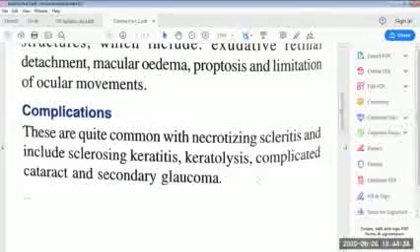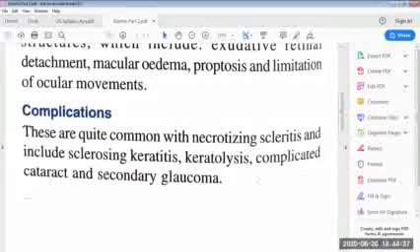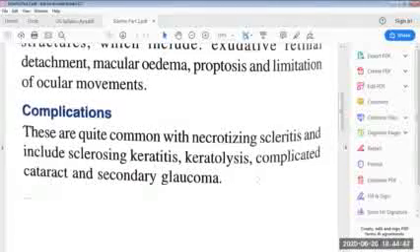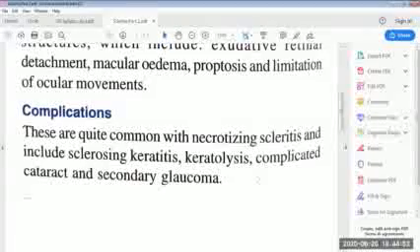There will be opacification of the corneal stroma. There will be calcium deposition in the corneal scar. And then there can be keratolysis. Lysis means the breakdown. Then keratolysis, it is the breakdown of the cornea, wearing down of the cornea.